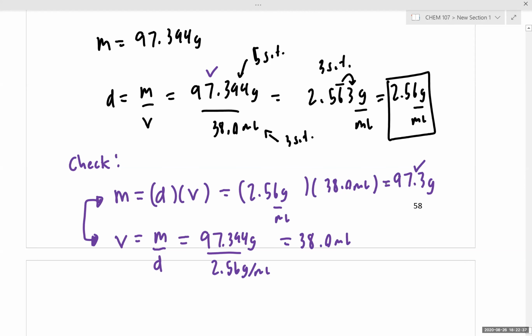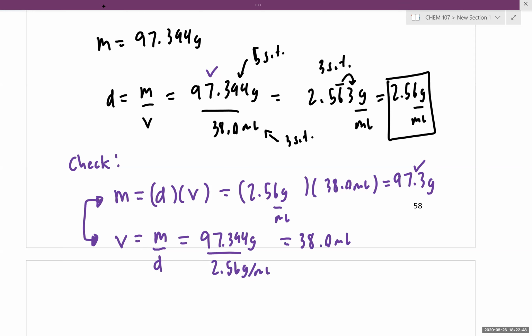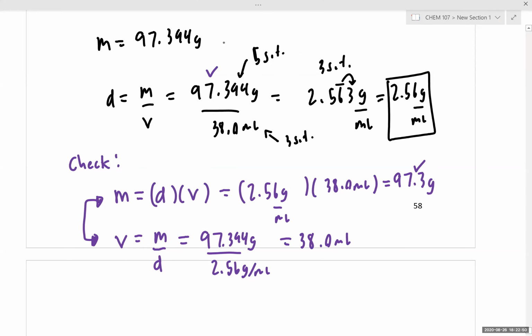Does this idea of checking your work make sense to everyone? It's a nice trick, and it's a nice way to have more confidence in your submitted results. If you start getting wildly different answers when you recalculate your mass and volume, then I would go back and check your work once again.